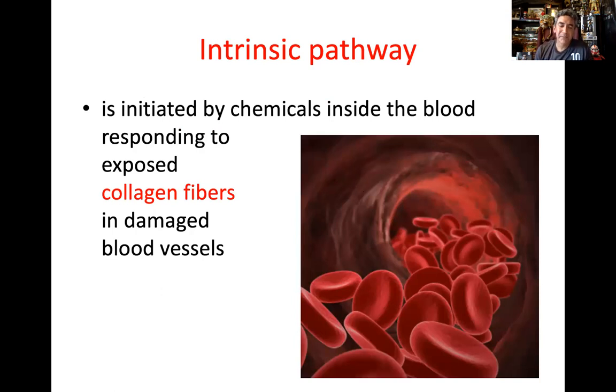Let me see if I can make an analogy here. Imagine in your house you have your sheetrock wall. If we were to tear that wall, behind it we have that pink fiberglass insulation that irritates you and makes you itchy. But you're not normally exposed to that because it's behind the wall.